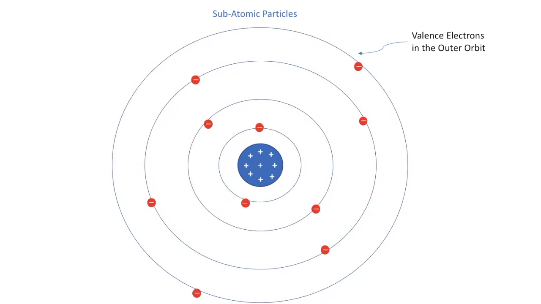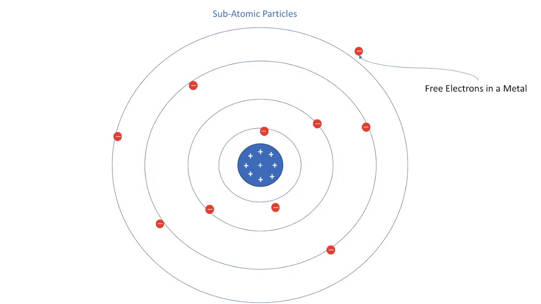And this electron can easily be knocked out of orbit and made available to conduct electricity. These electrons are called valence electrons or even free electrons in a metal, and these free electrons can help conduct electricity.